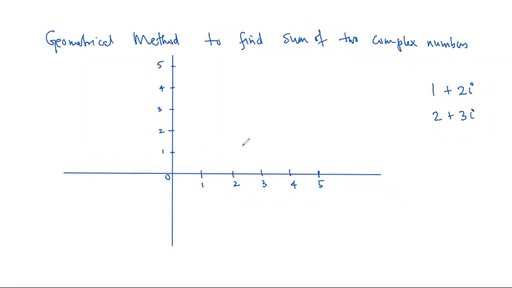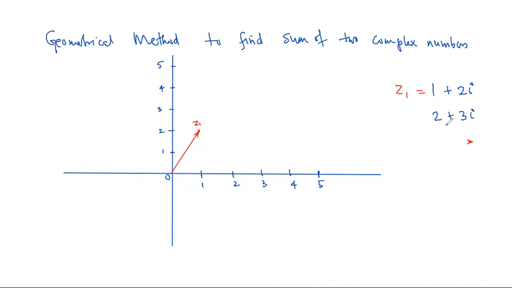First you will mark 1 plus 2i. X-axis 1, y-axis 2. This is 1 plus 2i. I'm calling this Z1.